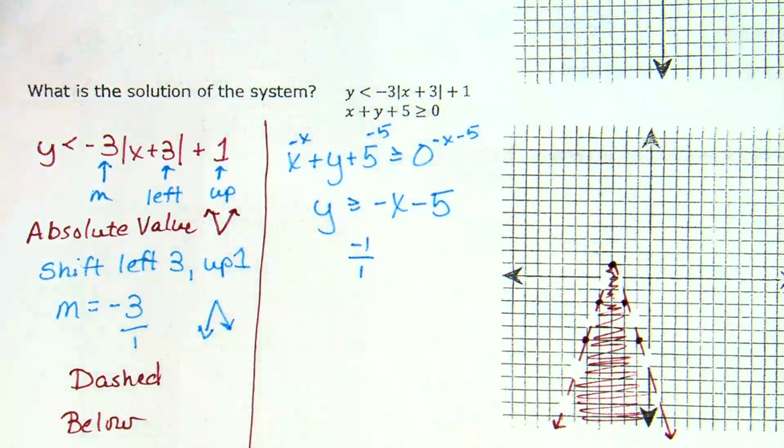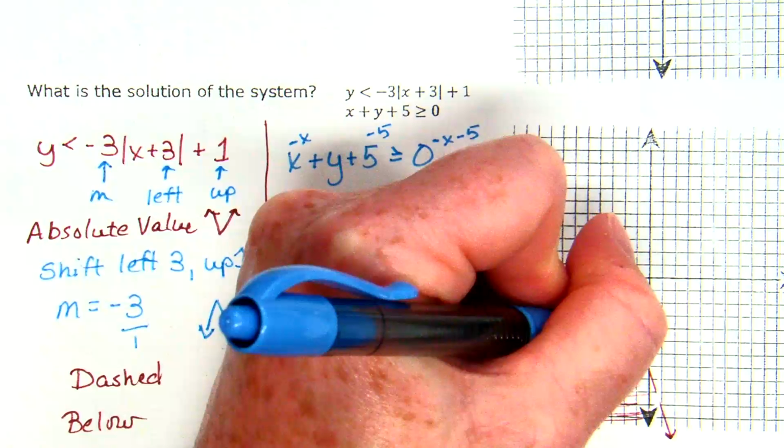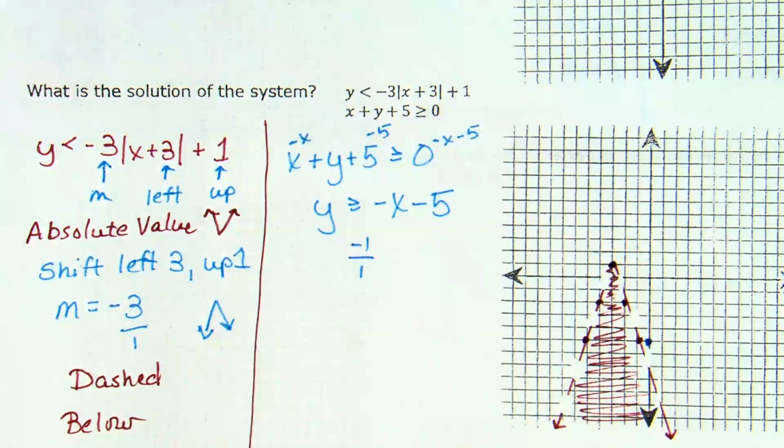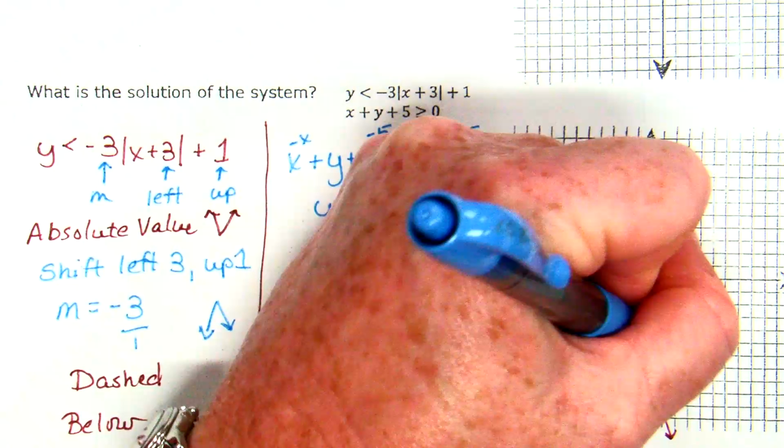Y-intercept of negative 5. Slope of negative 1. So down 1, right 1. Or up 1, left 1.